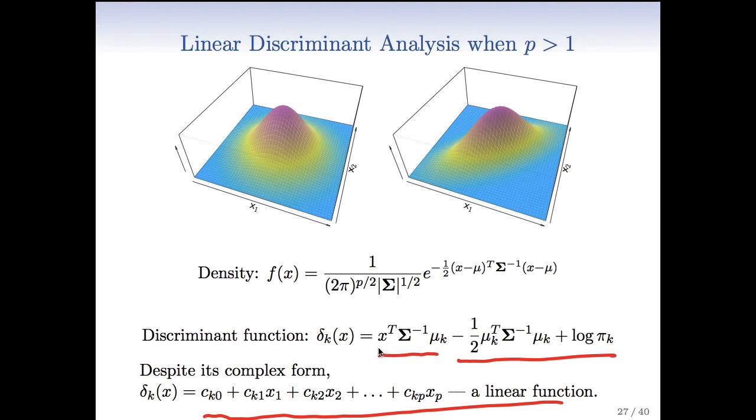Remember, x is a vector in this case, and so you can expand this expression and get this term over here. And I think I forgot to mention it before. The idea of the discriminant function is, you compute one of these for each of the classes, and then you classify to the class for which it's largest. You pick the discriminant function that's largest.